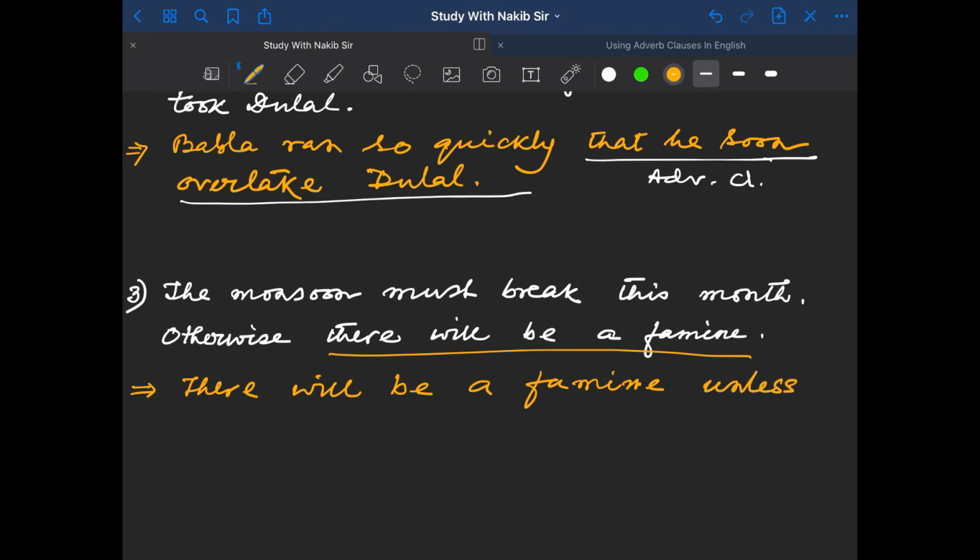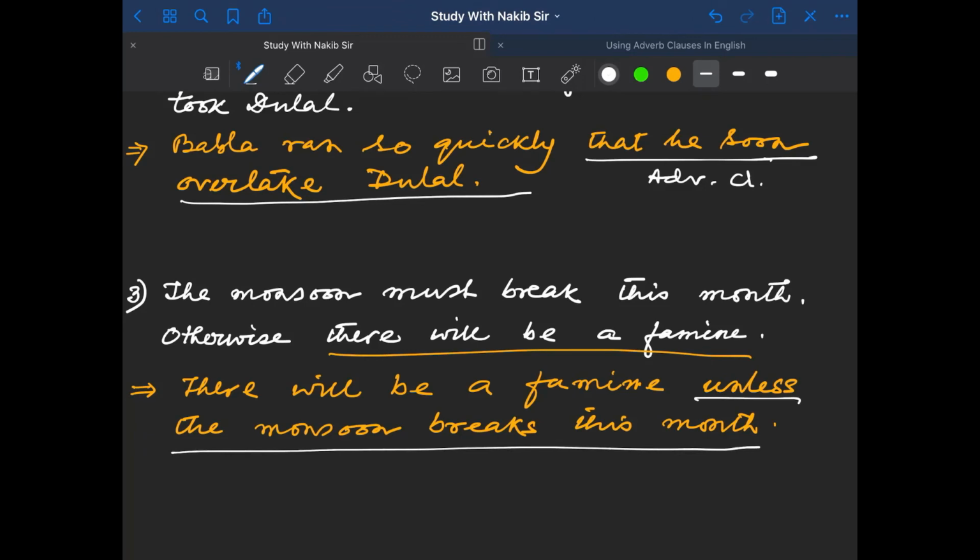Unless means if not, unless the monsoon breaks this month. Unless the monsoon breaks this month. This is a conditional clause, so it is an adverb clause. Okay, these are the answers to the question of sheet number 7. Okay, now go to the next sheet.